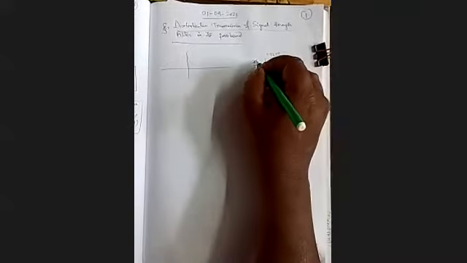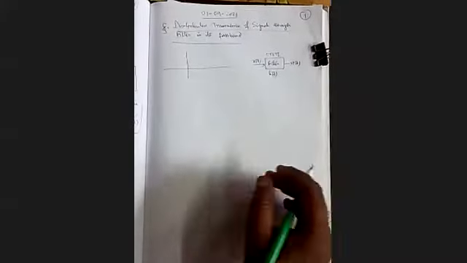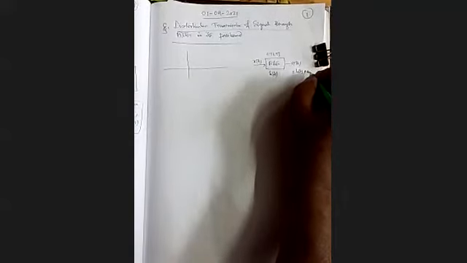It is a continuous time LTI system. When we apply some input x(t), we get some output y(t), and h(t) is the impulse response of the filter. Then y(t) equals the convolution between impulse response and input.